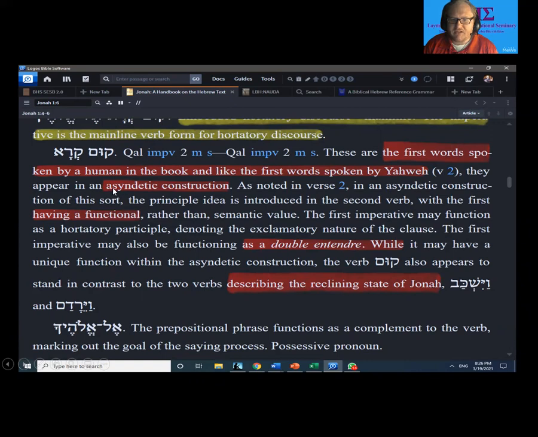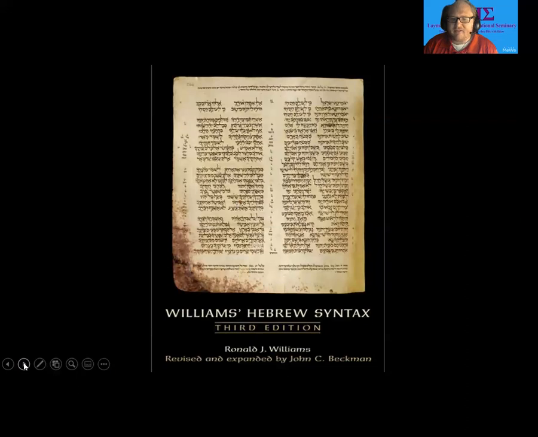But of course, it mentions an asyndetic construction, in other words, without the conjunction, arise and go. But it's mentioned that these are like the first words spoken by Yahweh. And they mention a double entendre because it's arise, and of course he was passive, laying down. And this is a last mention.